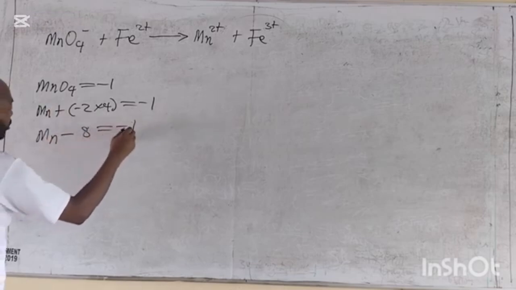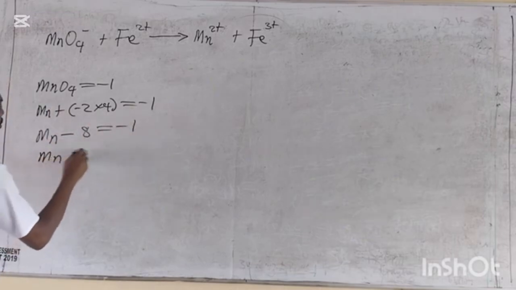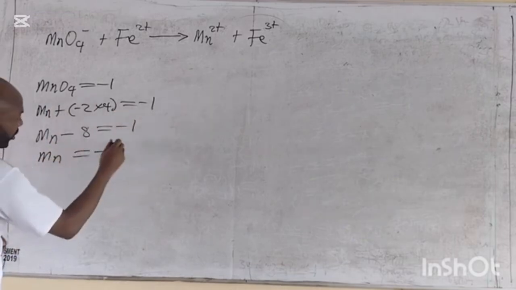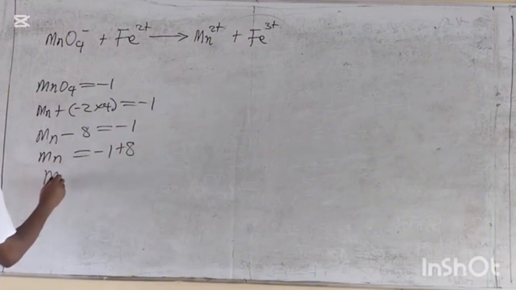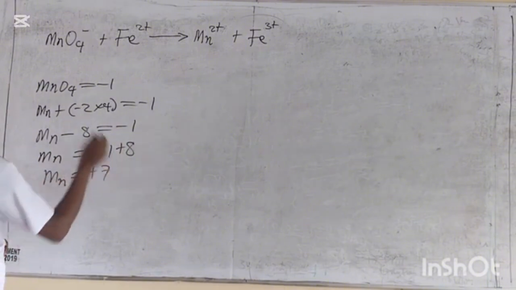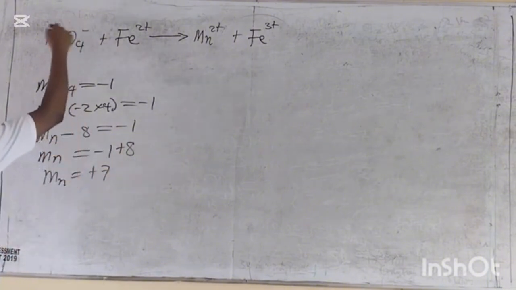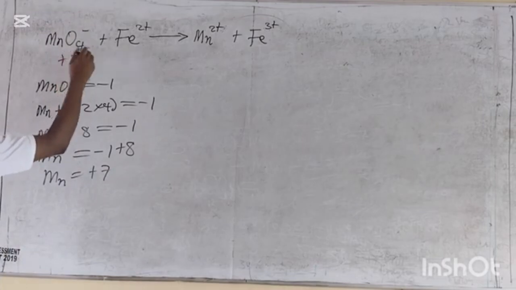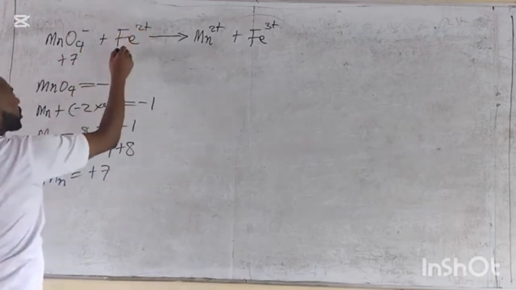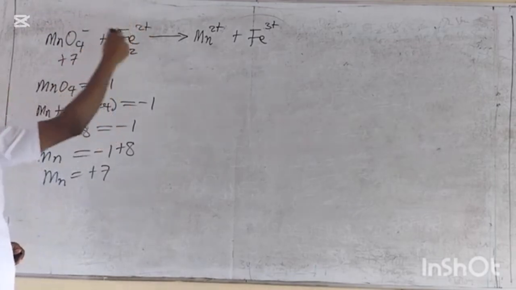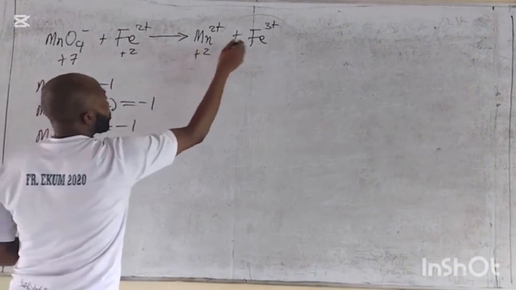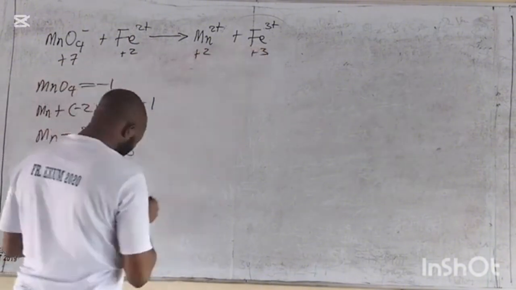This is equal to -1. So manganese is equal to -1, this crossover becomes +8. Then manganese is equal to +7. So here oxidation state of manganese in this compound is +7. Here is +2. It's equivalent to the charge. We said so earlier. +2 and here is +3.